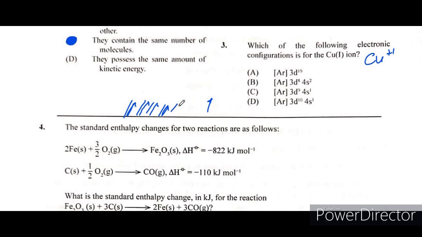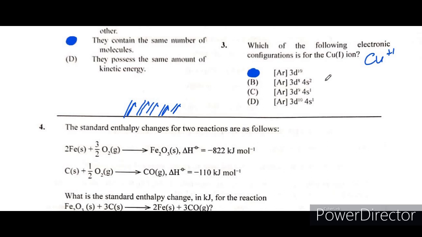29. Right? Now, when losing electrons, you lose from the 4s first. So you'll lose that one. So you have 3d10. So you'd have the argon core, which with 18 electrons, and then 10 more would give you 28 rather than 29.